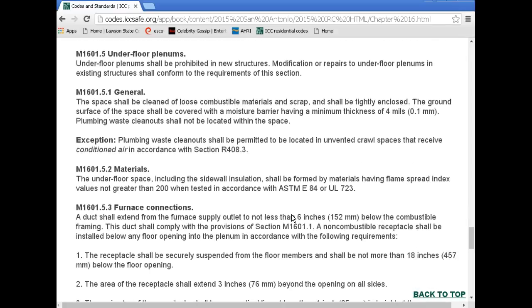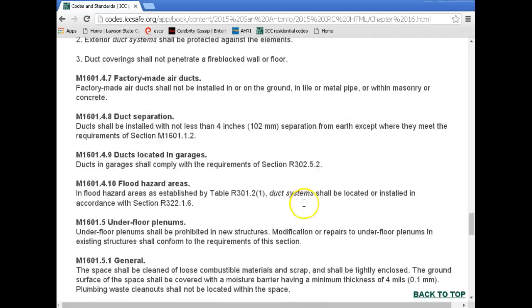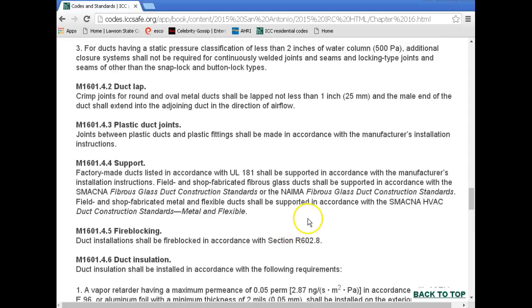All right, so we're going to have to go with what we had before. That's a nice little change. Let me read that one more time. Field and shop fabricated fibrous glass ducts shall be supported in accordance with the SMACNA fiberglass duct construction standards or the NAIMA fiberglass duct construction standards.